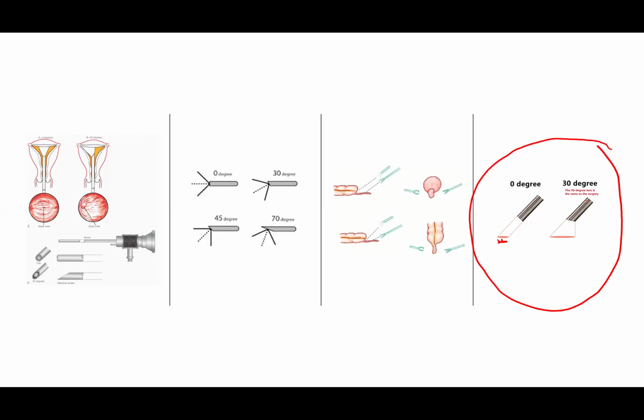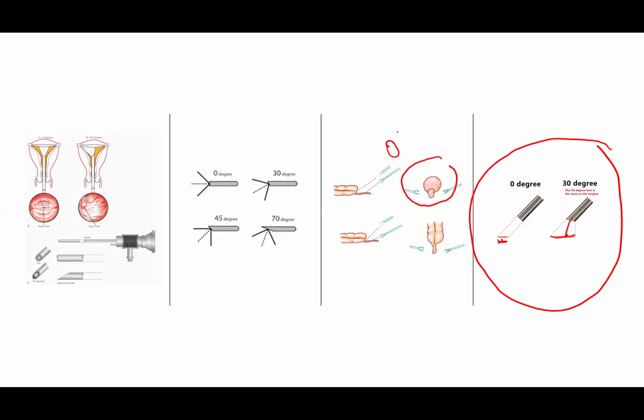But if you look at a 30-degree view, it is providing a wider view with some angulation beyond what a 0-degree will show. If you are looking at an appendix with a 0-degree telescope, this is what you will see.